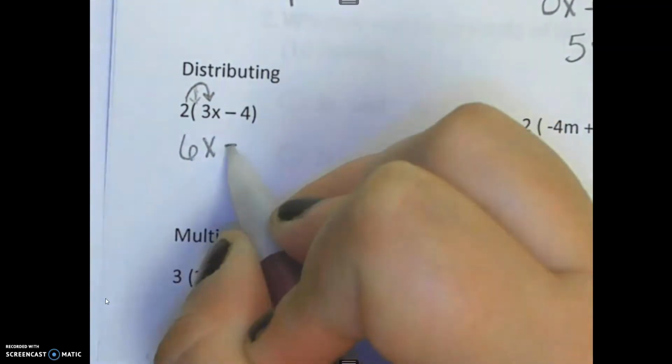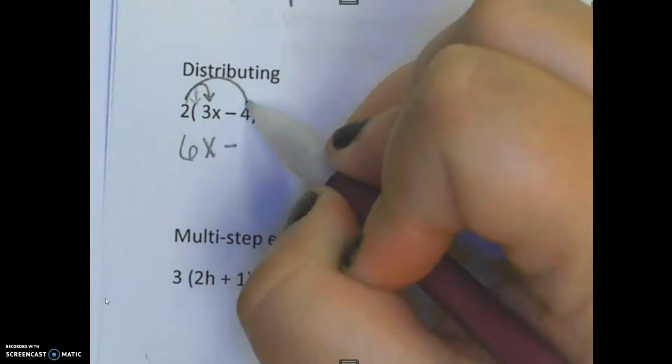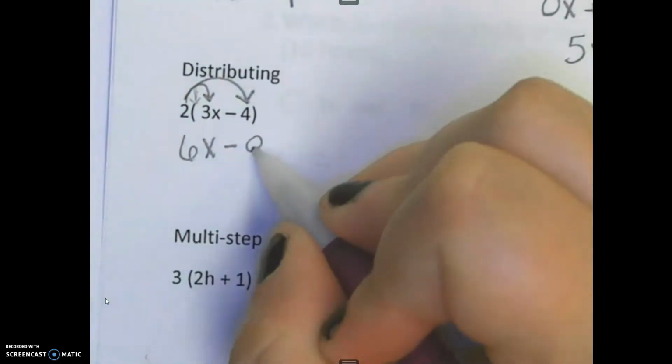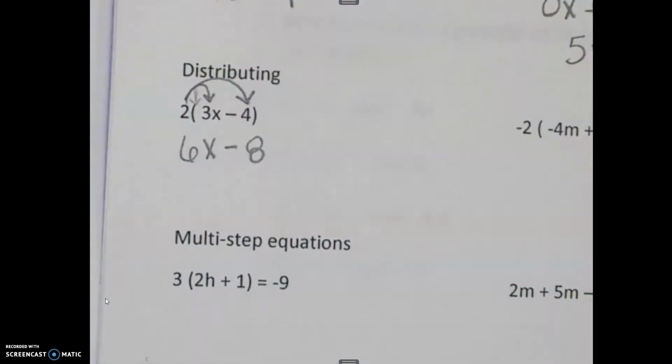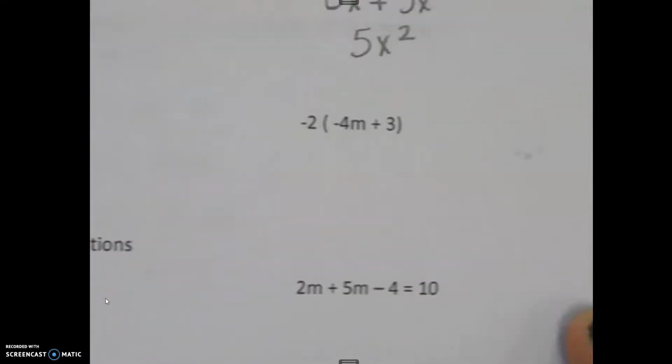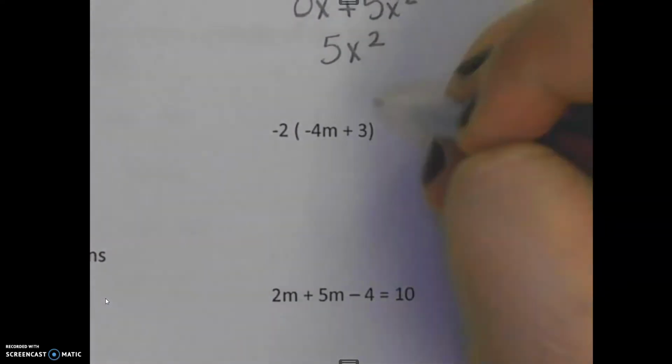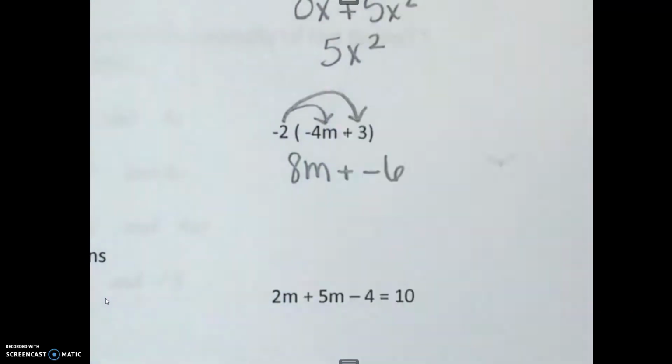Bring down that minus. 2 times 4 is 8. Slide over. Negative 2 times negative 4m is 8m. Bring down my plus. Negative 2 times 3 is negative 6.